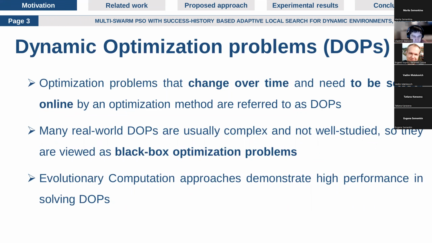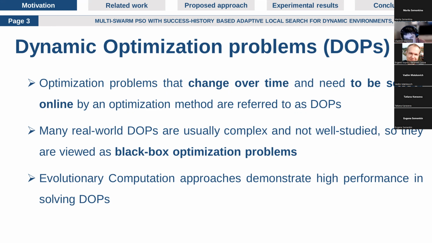So this is the problem to be solved. But in real life, often these kinds of problems are changing over time. So they need to be solved online, solved many times, and these kinds of problems that are changing are called dynamic optimization problems.